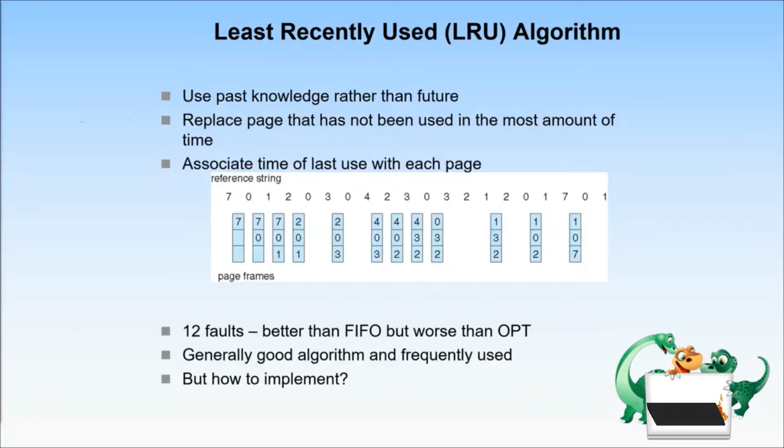Okay, so the next one would be least recently used, or LRU. The prediction behind the LRU algorithm is that the page that has not been used in the longest period of time is the one that will not be used again in the near future.